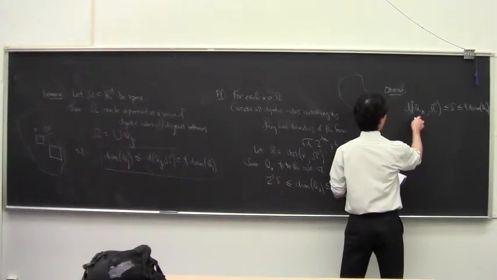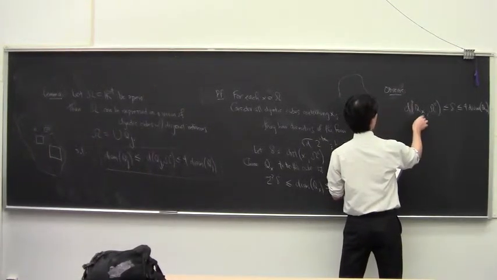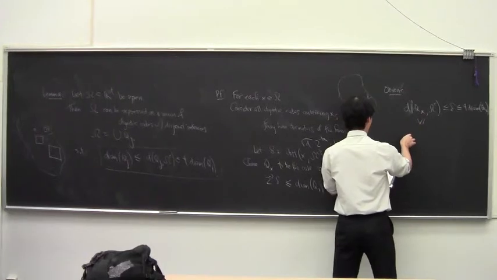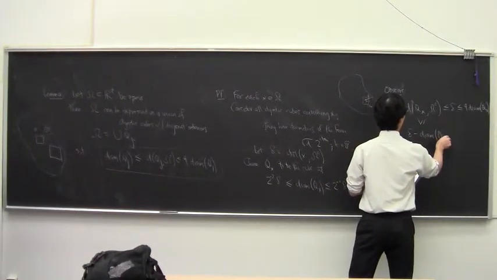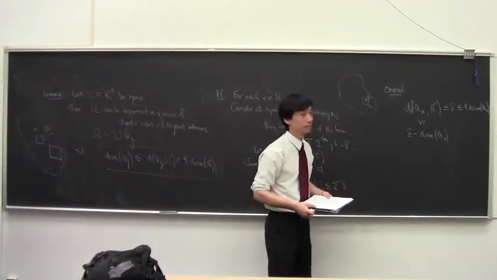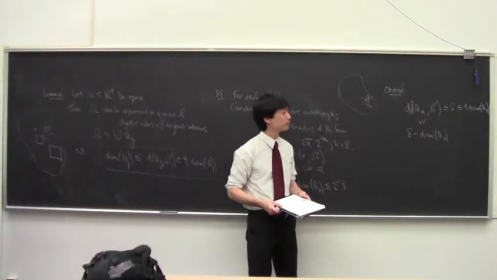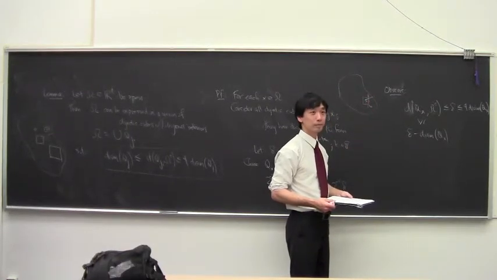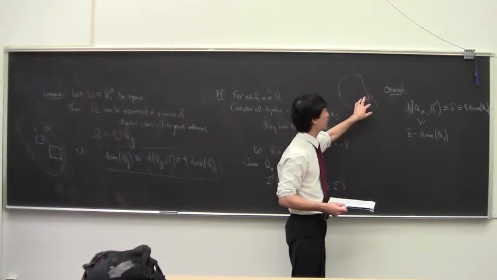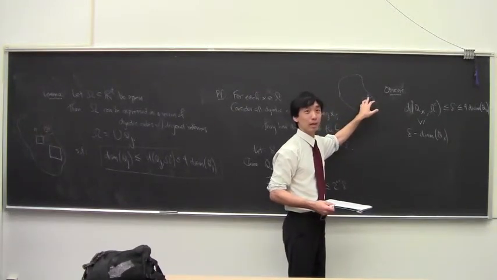Okay. Further, we notice that the distance of this thing to the boundary is bigger than delta minus the diameter of q sub x. Right? The distance of the cube to the boundary has to be bigger than delta minus the diameter of the cube.